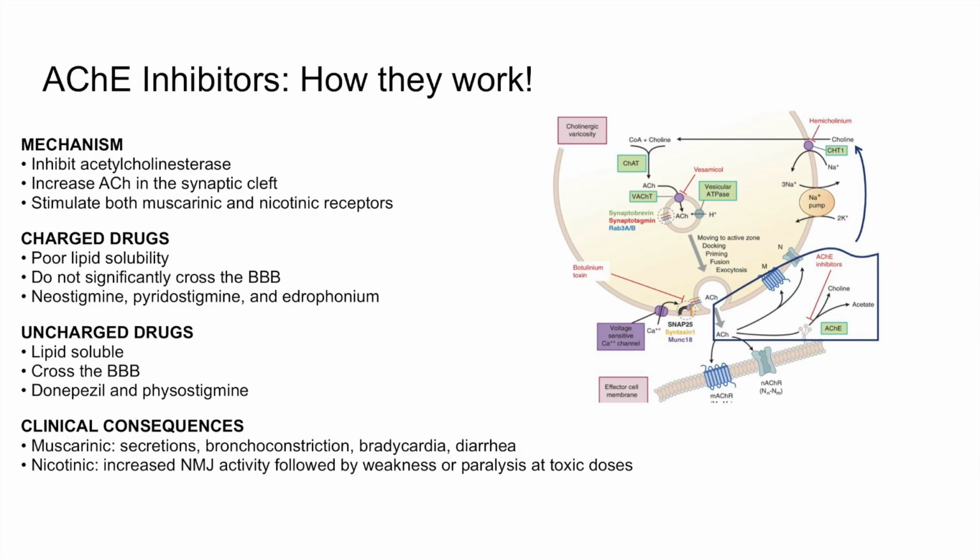Because acetylcholine is used at muscarinic receptors, autonomic ganglia, and neuromuscular junctions, these drugs enhance both muscarinic and nicotinic signaling. Their distribution depends strongly on chemical structure. Quaternary, permanently charged agents such as neostigmine, pyridostigmine, and edrophonium penetrate the blood-brain barrier extremely poorly because they're charged, so their effects are predominantly peripheral.